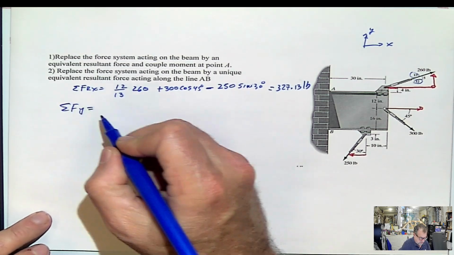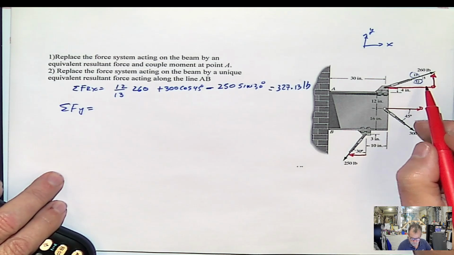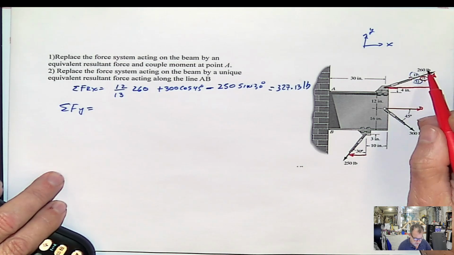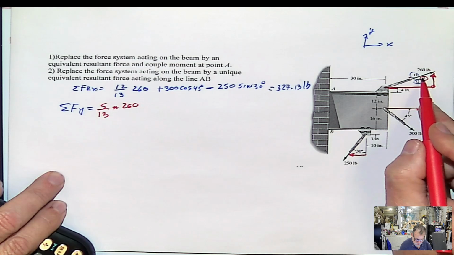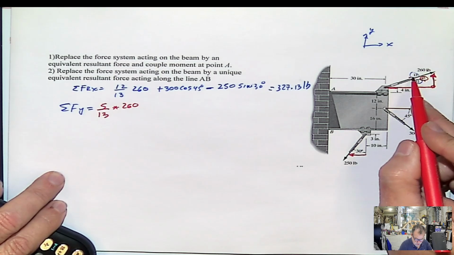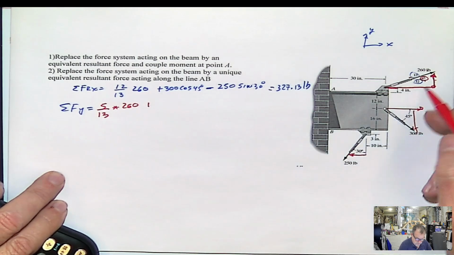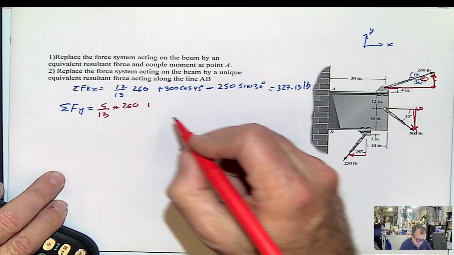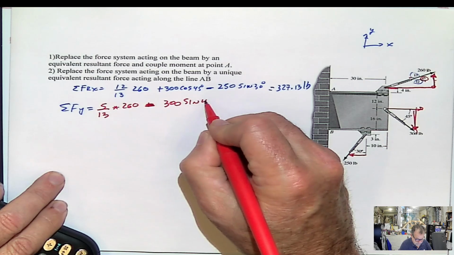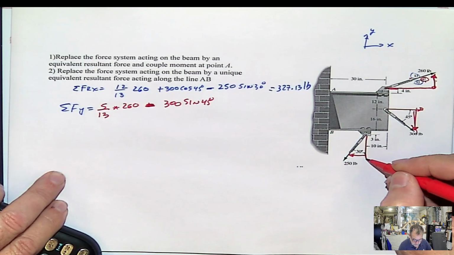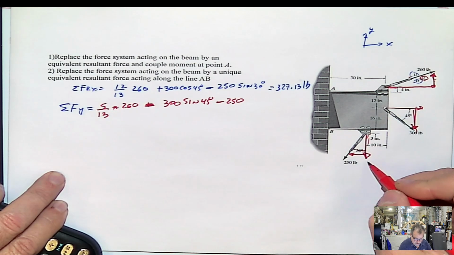Now we do the same thing in the y direction. Summation of forces in y equals this component of the force, which will be 5 divided by 13 multiplied by 260. It's always the parallel with the parallel. Now this other component will be 300 sine 45, negative because it goes down. And this other component is negative as well because it goes down, negative 250 cosine 30 degrees, because it's adjacent.